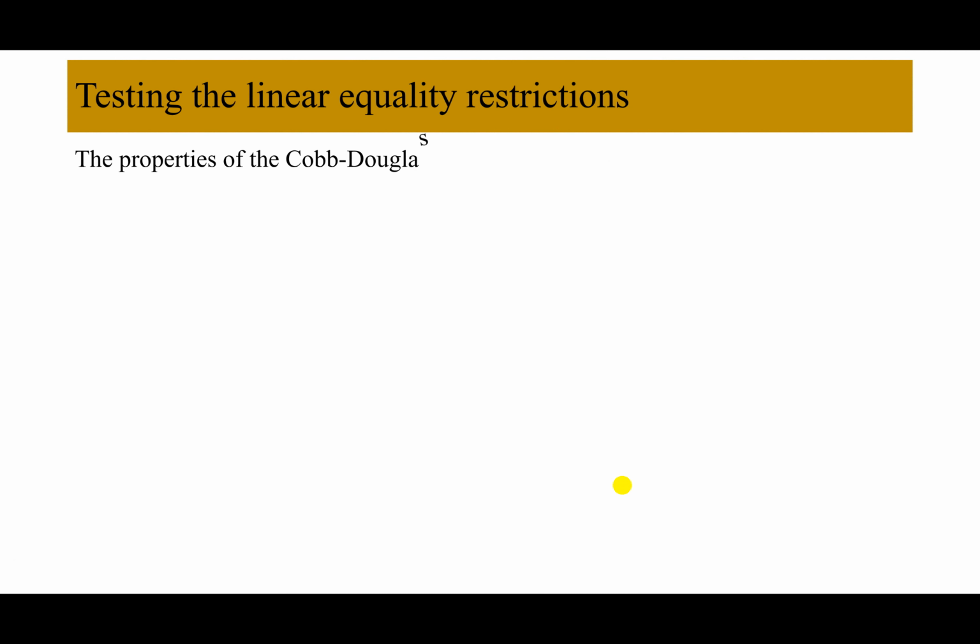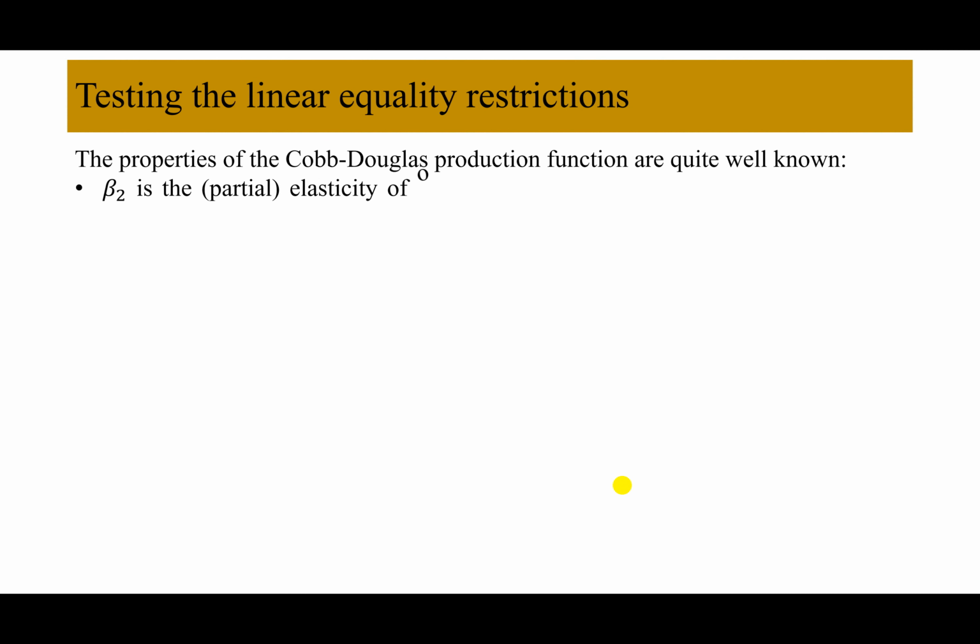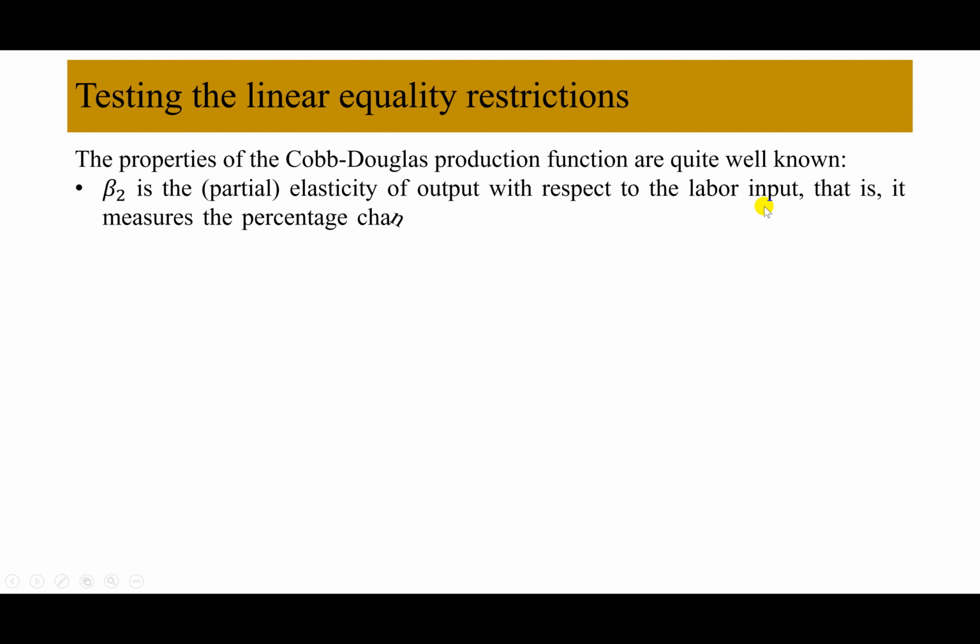The properties of the Cobb-Douglas production function are quite well known. Beta 2 is the partial elasticity of output with respect to the labor input, as x2 represents labor.